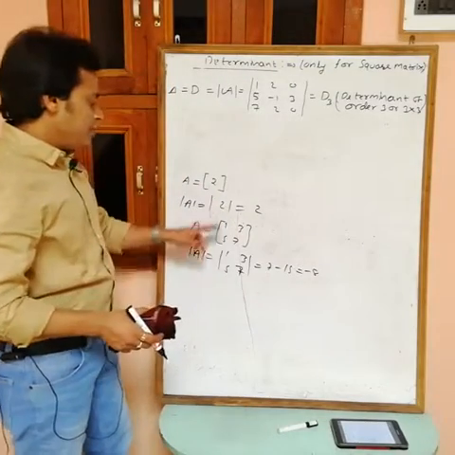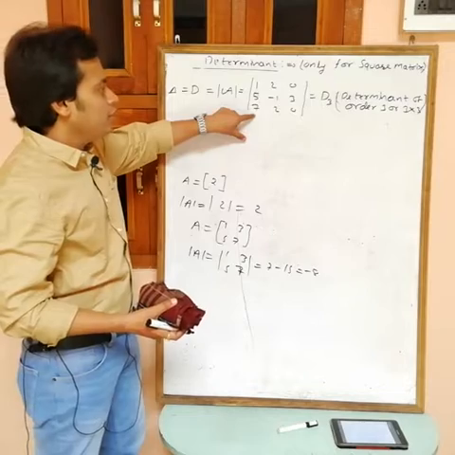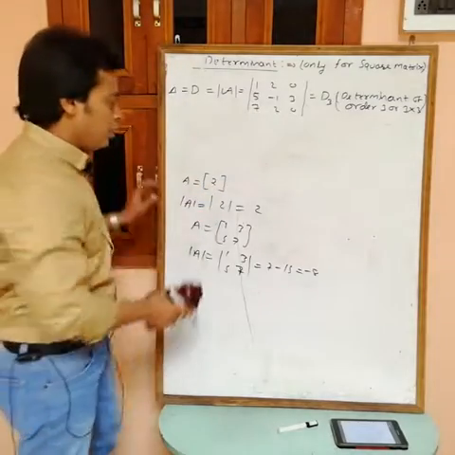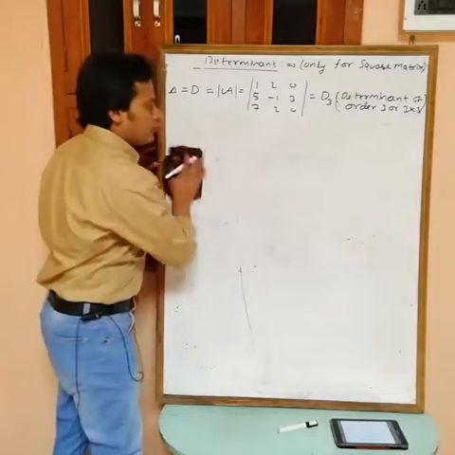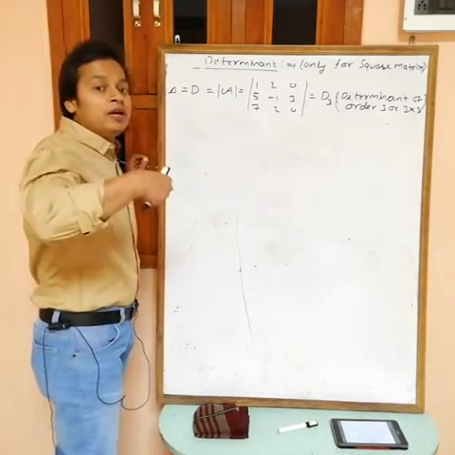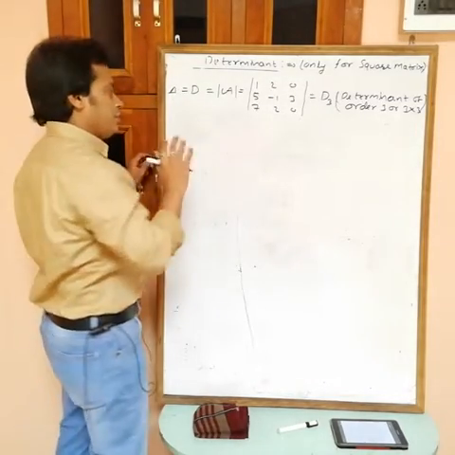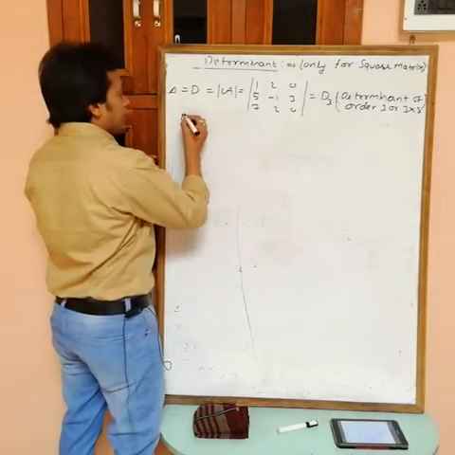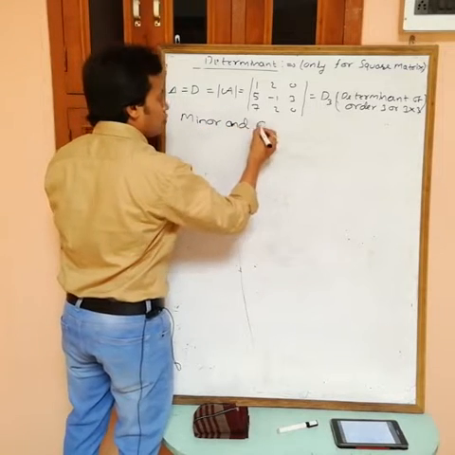For 1 by 1 and 2 by 2 we can find it directly, but to find the value of a 3 by 3 determinant, first we have to take the minor and cofactor of an element. Actually minor is also a determinant, the minor determinant of any element. So next is minor and cofactor.